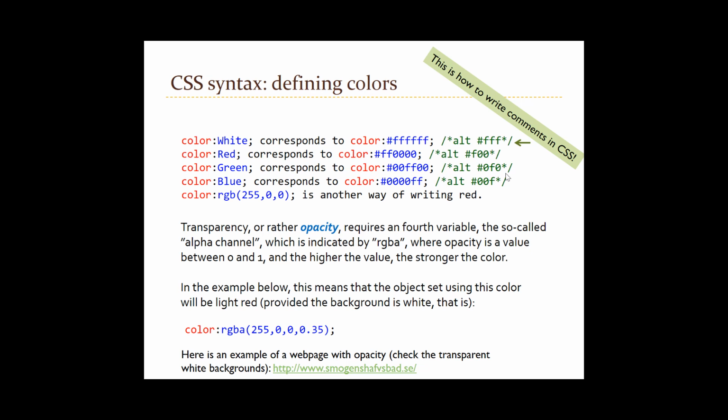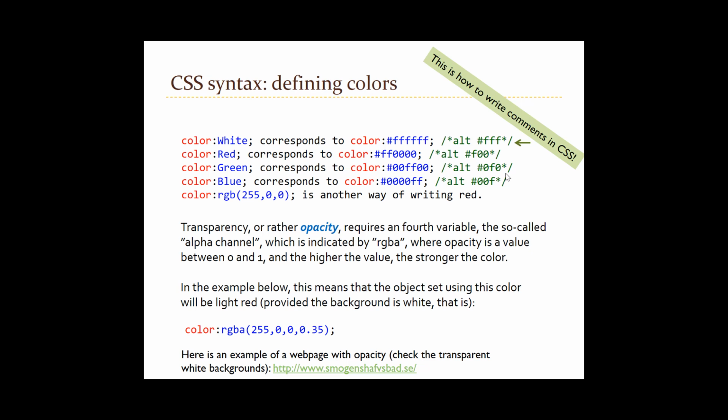You could also write this with numbers, and as you see there, RGB 255, 0, 0 is the same thing as writing double F, 0000. You could also get transparency using a fourth variable, the so-called alpha channel, and that is why we refer to this as RGBA.